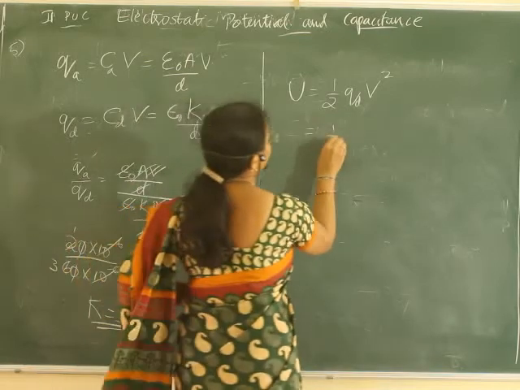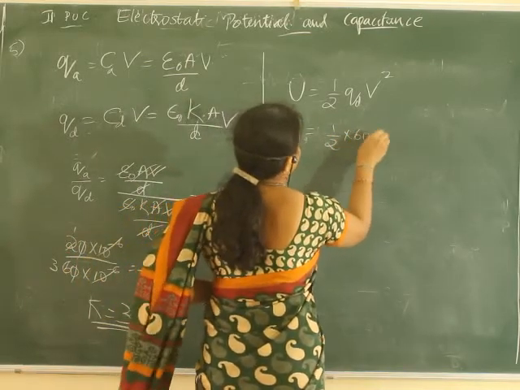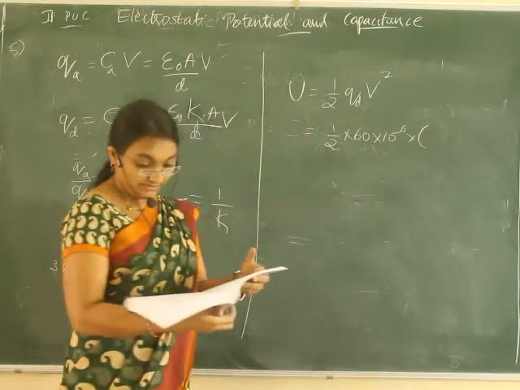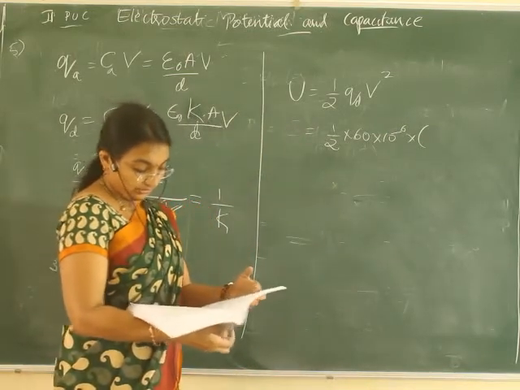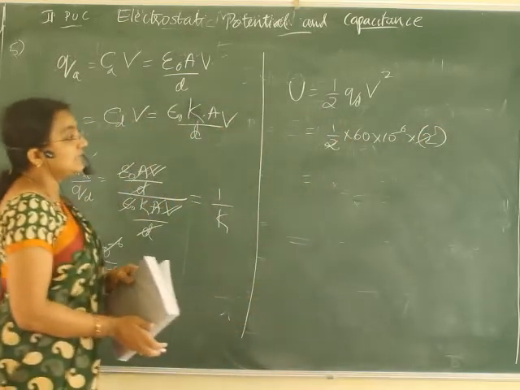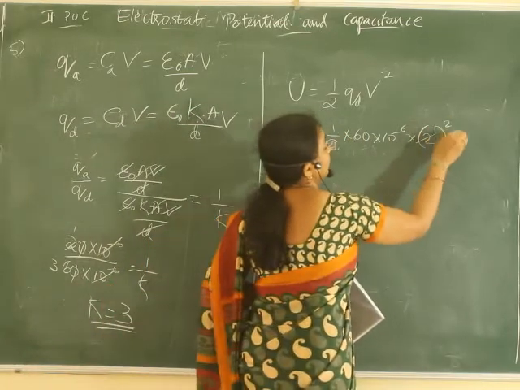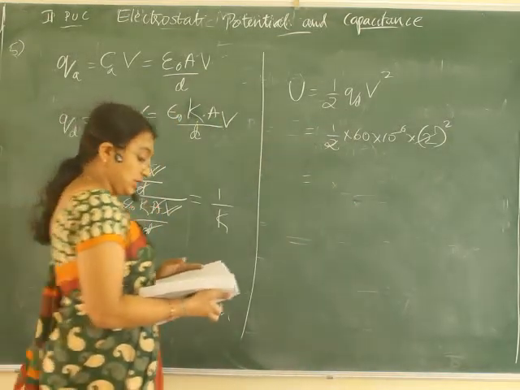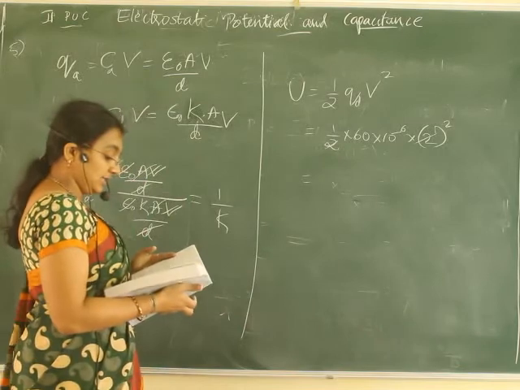Half into 60 into 10 to the power minus 6 into how much V? What is the V given? 2. So what is the answer?